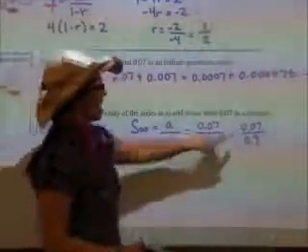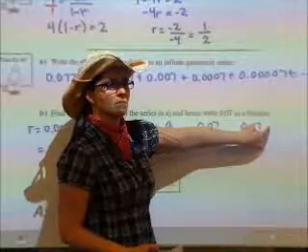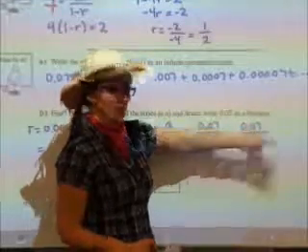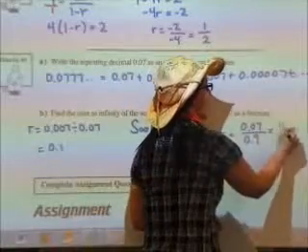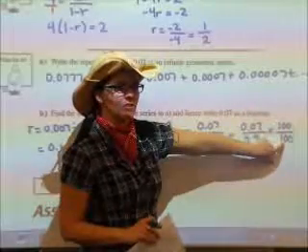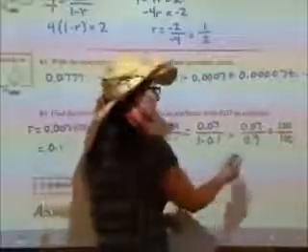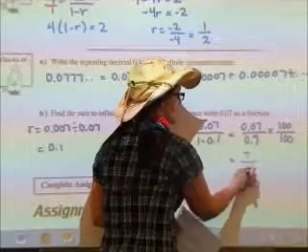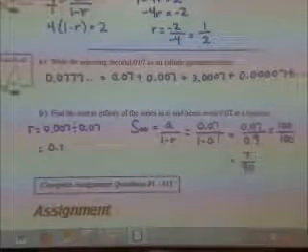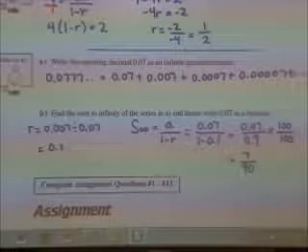No. So what can I multiply the top by to get rid of the decimals? 100. So if I multiply the top by 100, I need to multiply the bottom by 100. Because what's 100 over 100? 1. So it's not changing the value of this fraction, it's changing how it looks. And I get 70 over 90, which if you take your calculator now and go 7 divided by 90, you'll get 0.07 repeating.